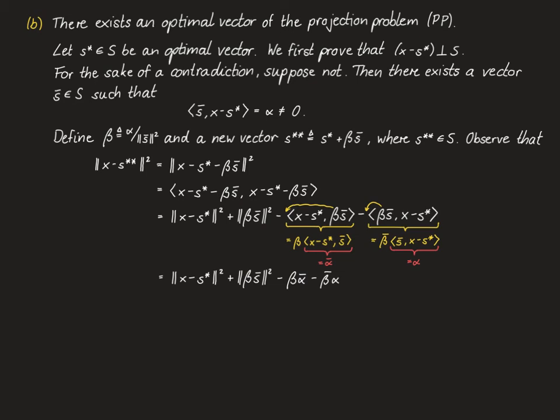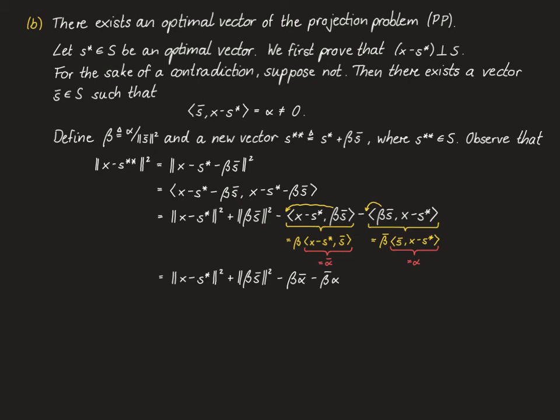So we get that the norm squared of x minus S star star equals the norm squared of x minus S star plus the norm squared of beta S bar minus beta times alpha bar minus beta bar times alpha.